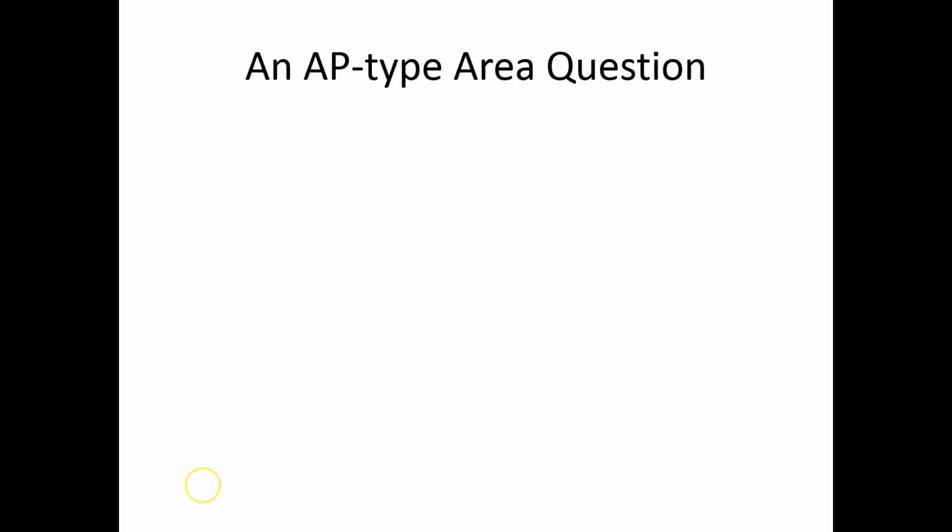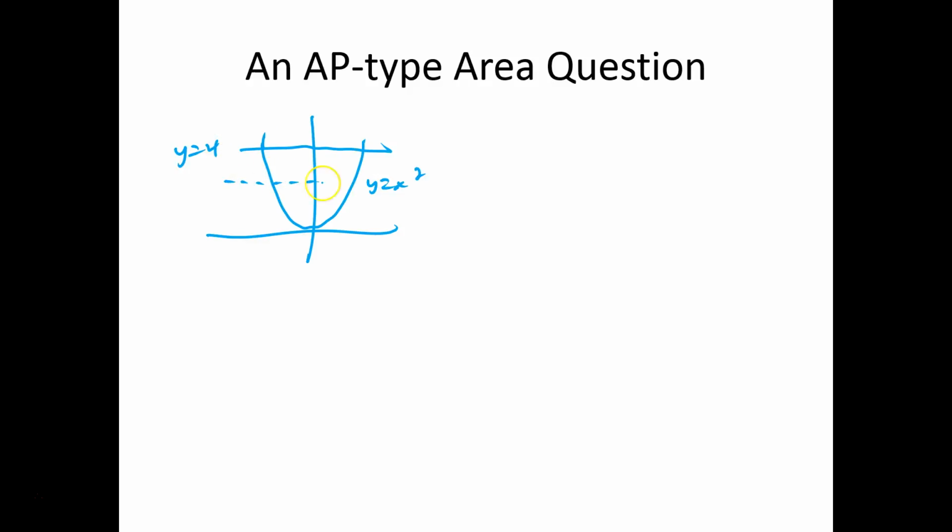A typical AP problem that you might have for area like this is they might tell you that you have the function y equals x squared. So you have a parabola. They might cut it off at y equals 4. And they might say there's some line, y equals k, that divides the area of the top and the area of the bottom into equal sections.